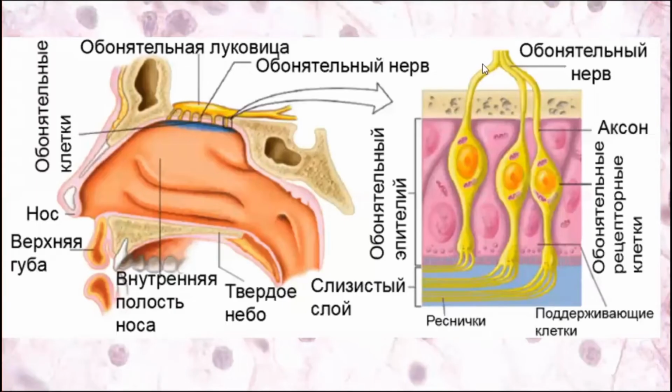And modified axons of olfactory cells form olfactory nerve. Their bundles pass through the lamina cribrosa, and they are going to the olfactory bulb, and it sends impulses to the CNS. So it's formation of the olfactory nerve.